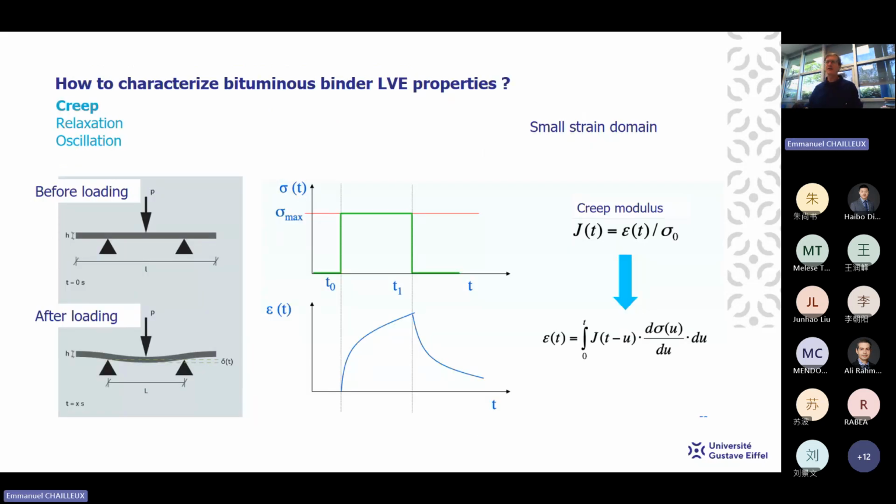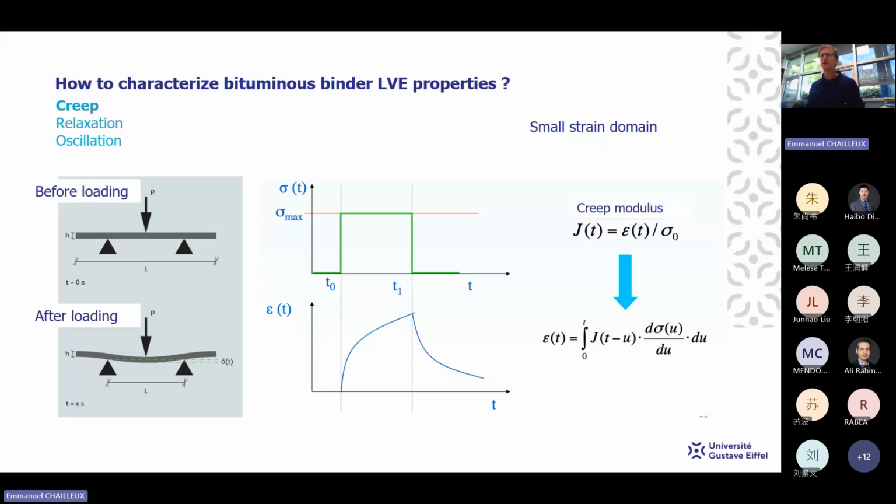So, how do we generally characterize the behavior of bituminous binder? We have two types of tests. The first is a time domain test: creep and relaxation tests. And the third one, oscillation, is what we call a frequency domain test.